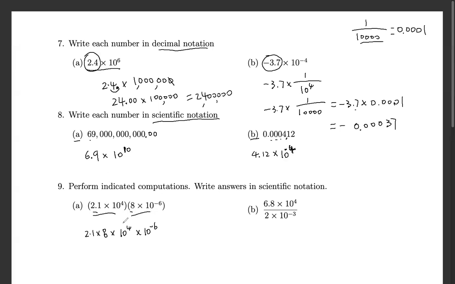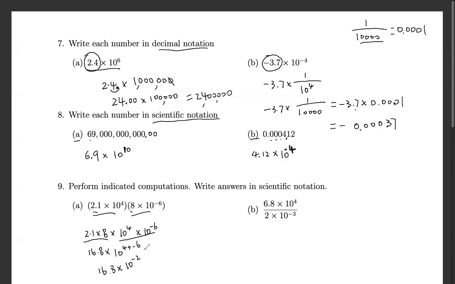Multiplication is commutative, which means the order doesn't matter. Now 2.1 times 8 is 16.8. Then 10 to the 4th power times 10 to the negative 6th power is 10 raised to 4 plus negative 6. So that's 16.8 multiplied by 10 raised to negative 2, because 4 minus 6 is negative 2.